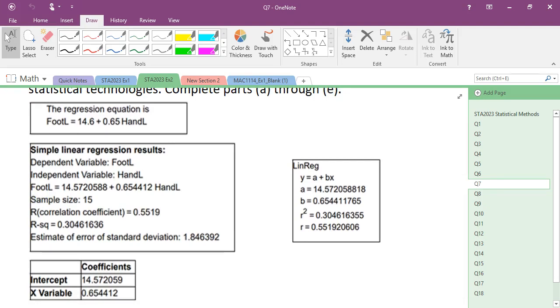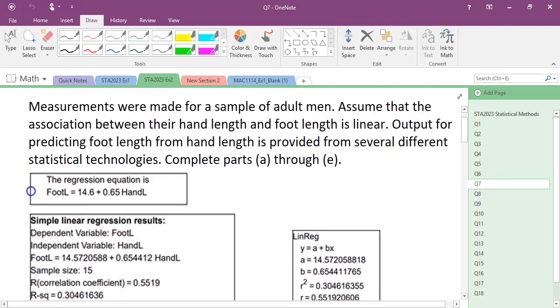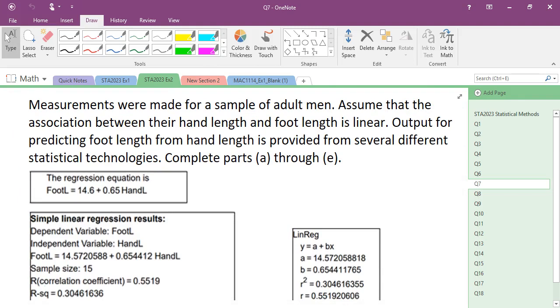And we're going to talk about all these different technology uses and how you can identify the slope and identify the y-intercept. So with that being said, we're looking at the measurements that were made of a sample of adult men, assuming that the association between their hand length and foot length is linear. Output for predicting foot length from the hand length is provided from several different technologies, as I said.